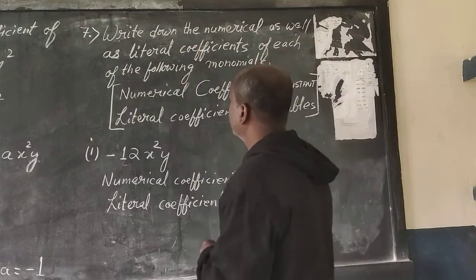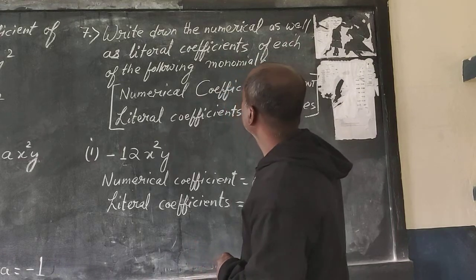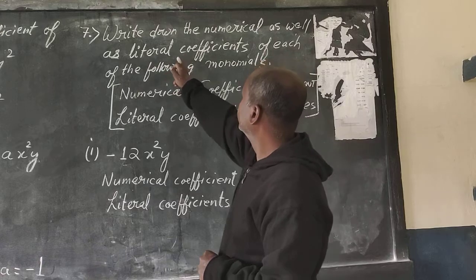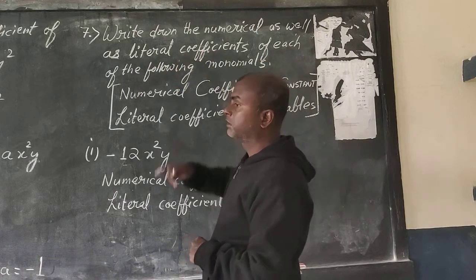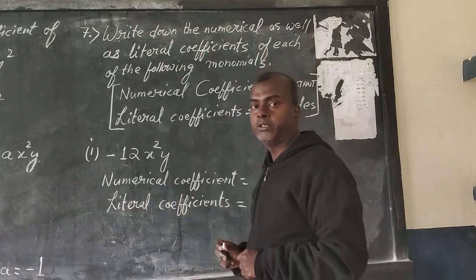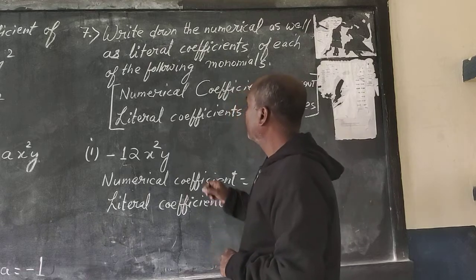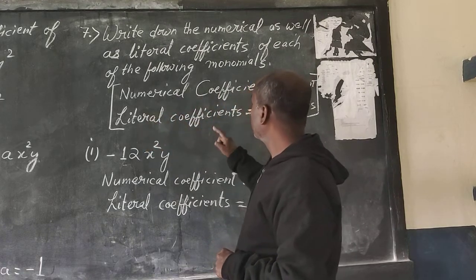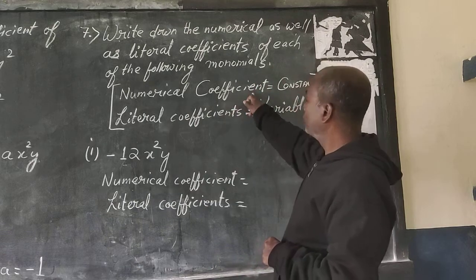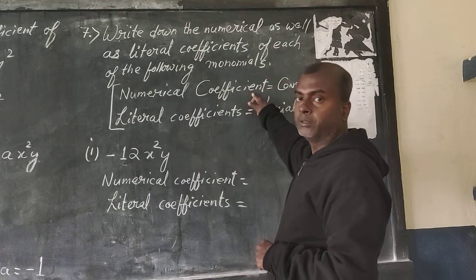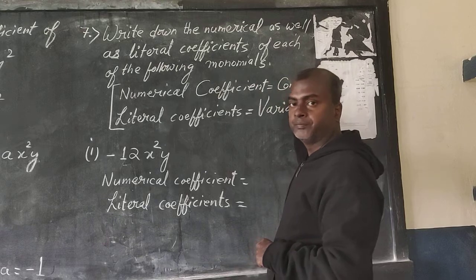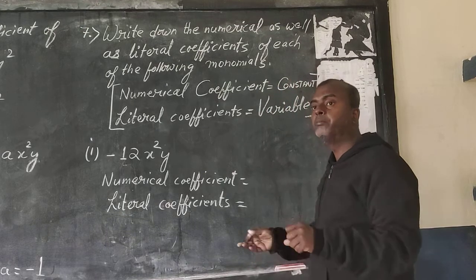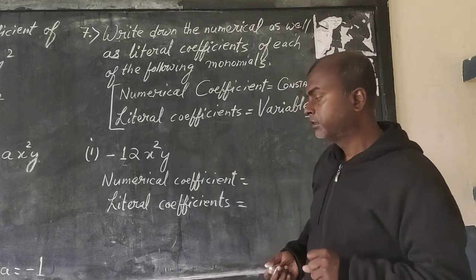Okay, question number 7. We have to find the numerical as well as literal coefficients. Now we have to know what numerical coefficients are and what literal coefficients are. Numerical coefficients, in simple terms, are called constants. The numerical coefficient means constants, numbers, but you have to be very particular.